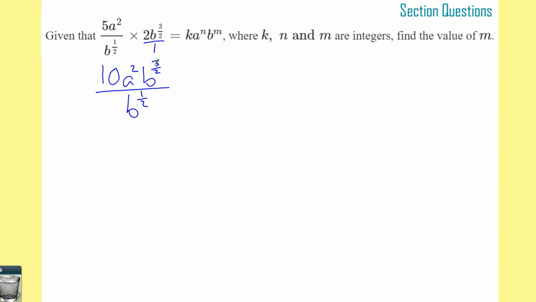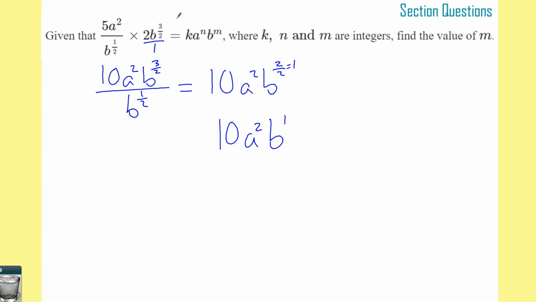Hopefully you know when we divide, we can subtract. So we end up with 10a squared b to the 2 over 2, or just 1, right? So we have 10a squared b to the first.